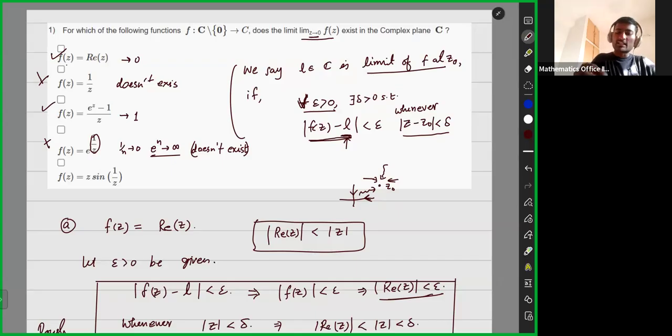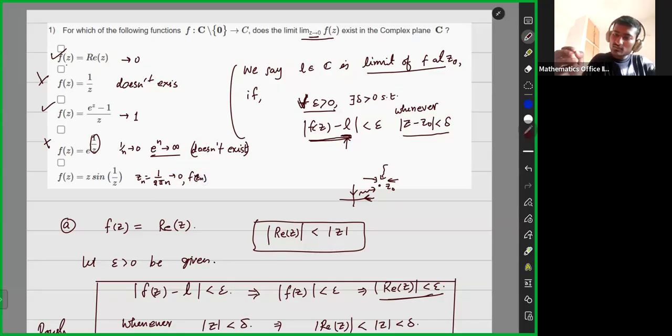So if you take z equal to maybe 1 upon 2 pi n, or n pi, doesn't matter. If Zn is this, then Zn converges to 0. That is clear. Where does f of Zn go?